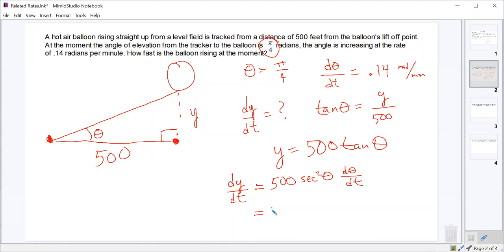So dy dt ought to equal 500 times the secant squared of what's our theta value that we're freezing this at? Pi over 4. Okay. And our d theta dt value is 0.14.